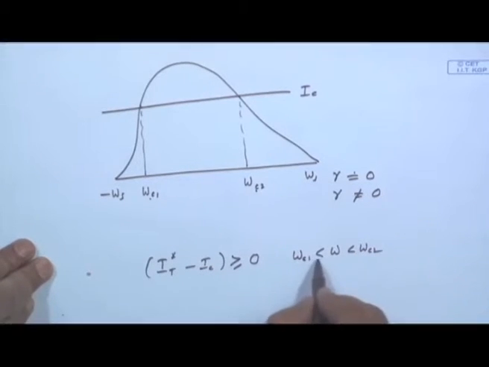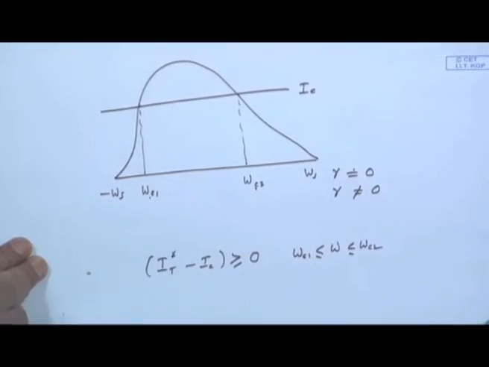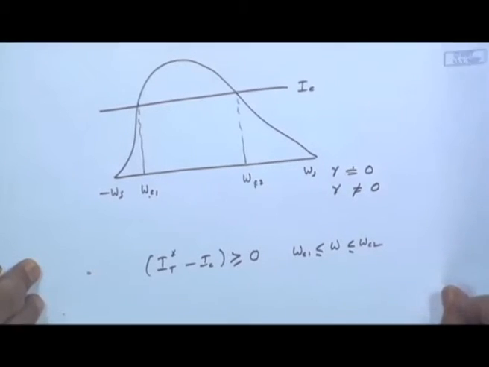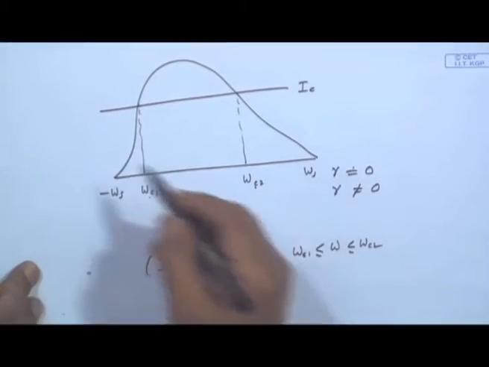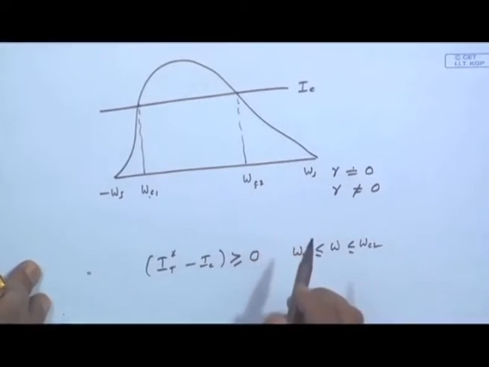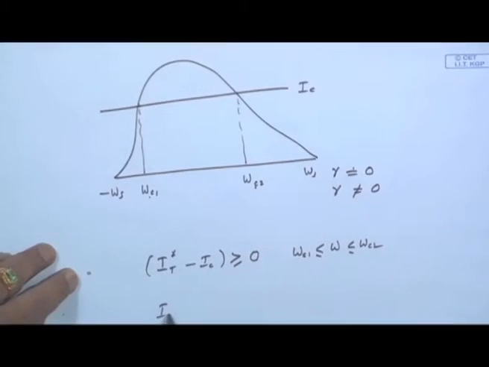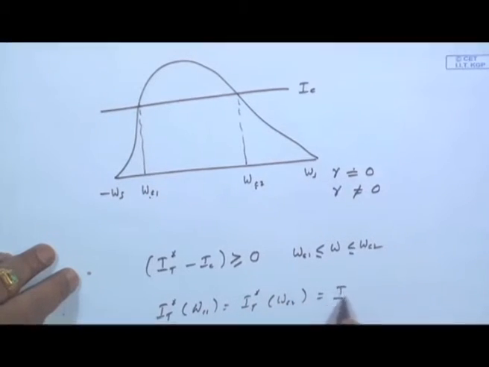Okay? So, it can be separated and one can integrate. In fact, it has been done. So, this is obtained with IT star at omega C1 equal to IT star at omega C2 equal to my critical radiation level.